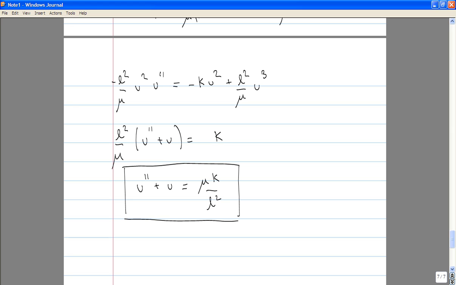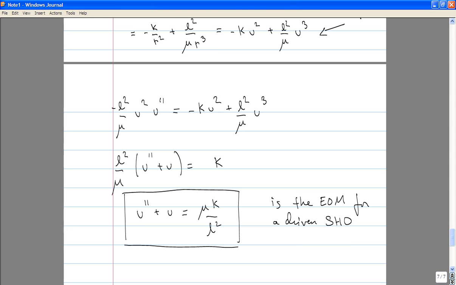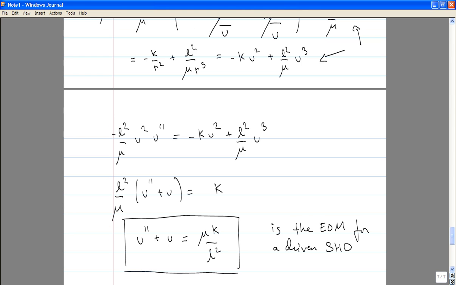I bet you thought that when I was talking about driven simple harmonic oscillators, you would never see this again. But you were not so fortunate, because there's a reason why we spent time studying simple harmonic oscillators with driving forces, which is that they show up everywhere. And this is the first example. It turns out that the equation of motion of the Earth around the Sun is identical to that of a simple harmonic oscillator in the presence of a driving force.